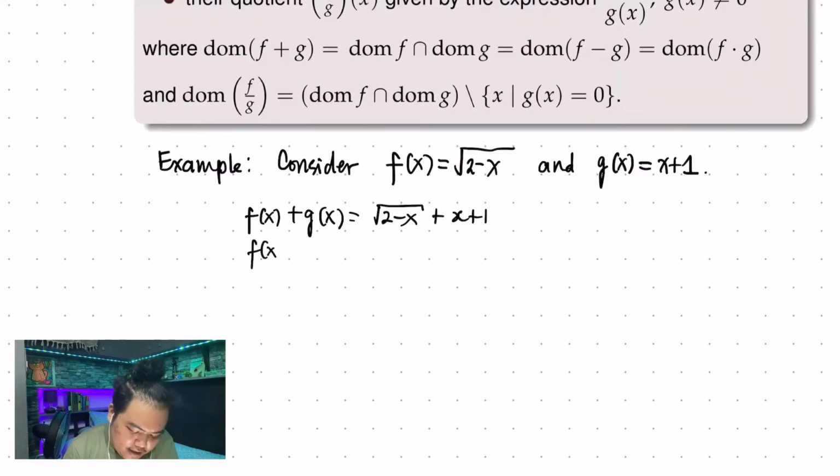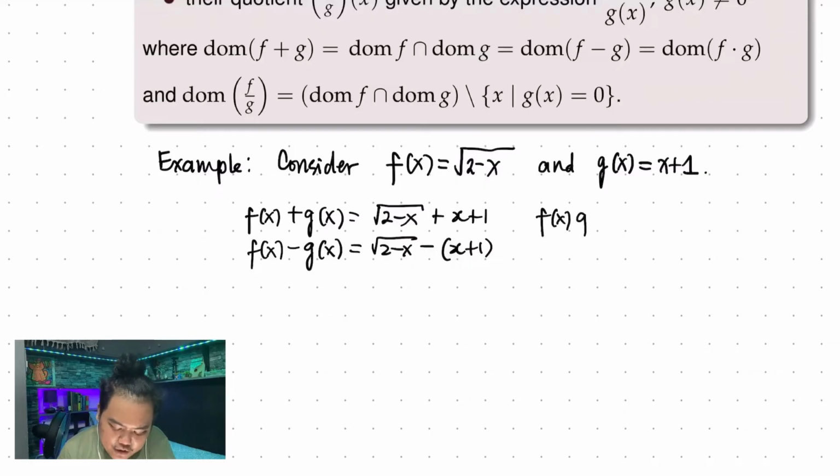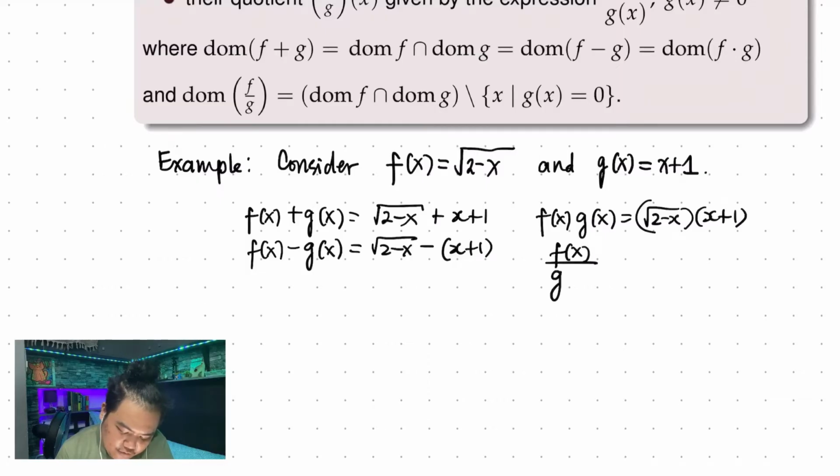F of x minus g of x is square root of 2 minus x minus x plus 1. What is f of x times g of x? Just multiply this 2 times x plus 1. What is f of x over g of x? It's just divide.